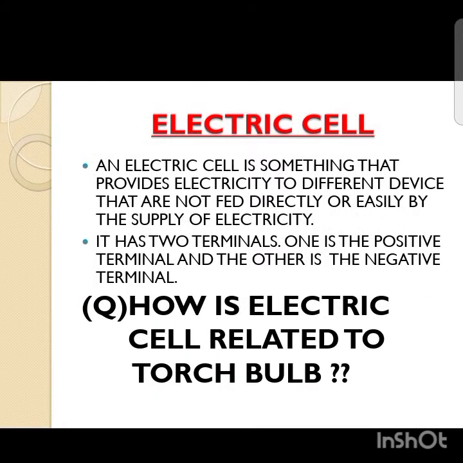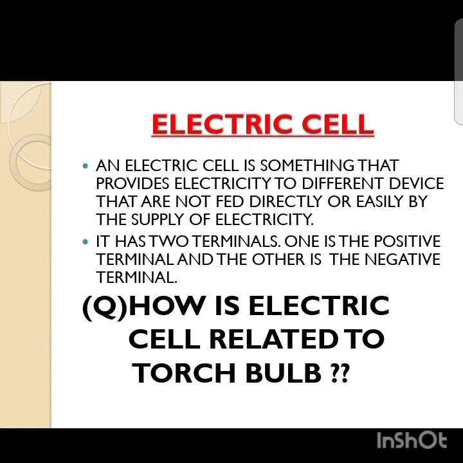Electric cell. An electric cell provides electricity to different devices that are not fed directly or easily by the supply of electricity. It has two terminals. One is the positive terminal and the other is the negative terminal. While making this PPT, I got an interesting question which I thought to share here.